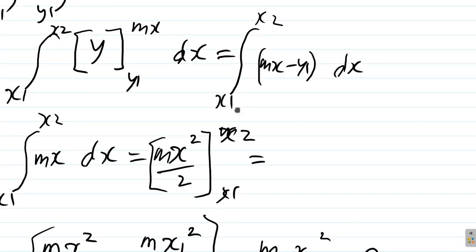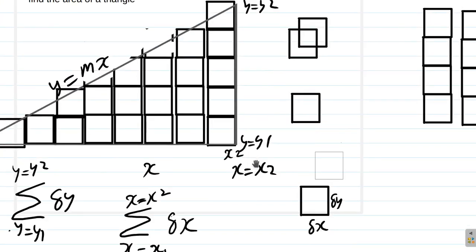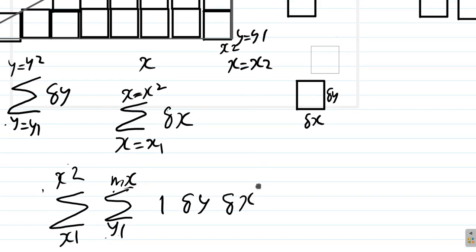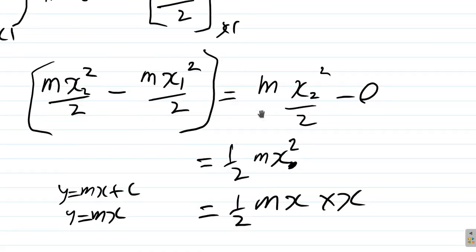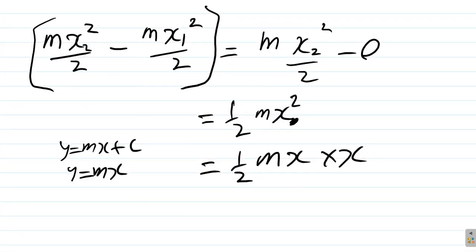The x2, by the way, would be the width. So let's call this the width. Half of this here, y equals mx, would be the height, times this x2. Both of them are x2 still, right?